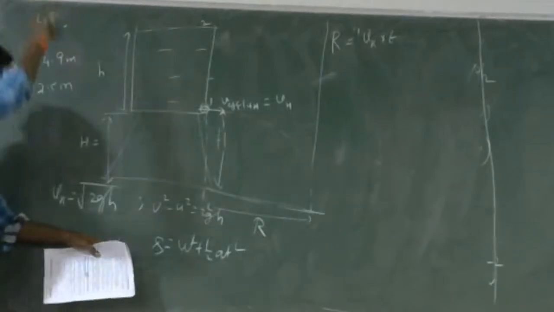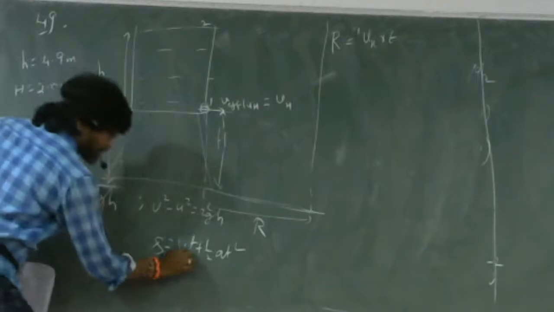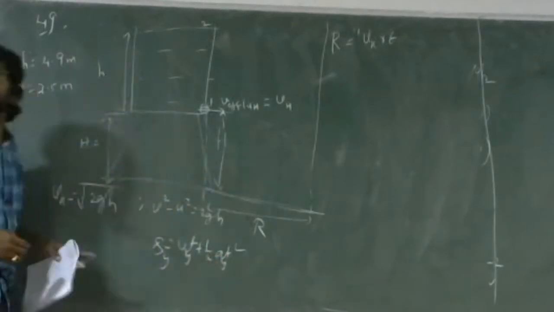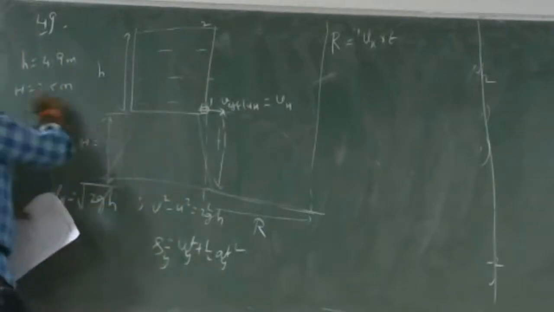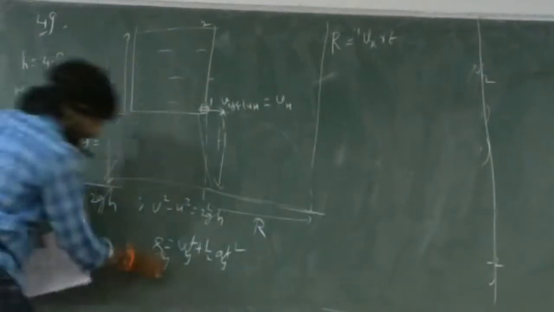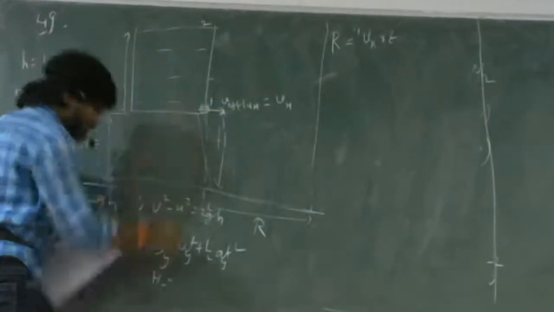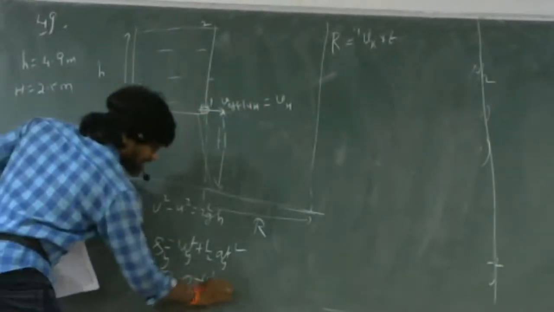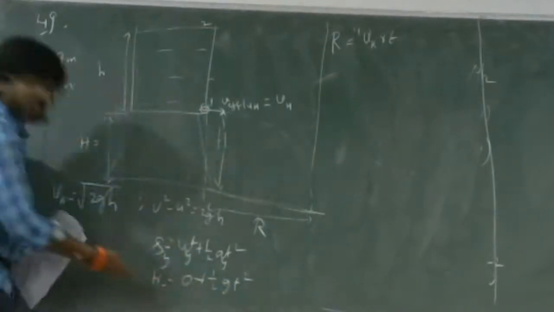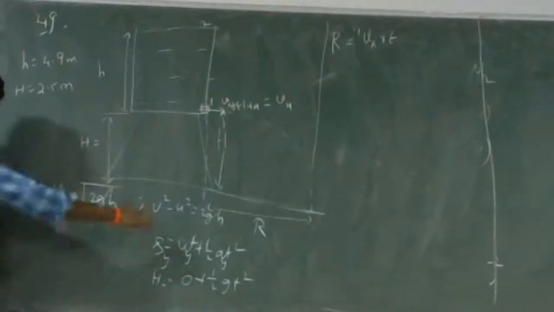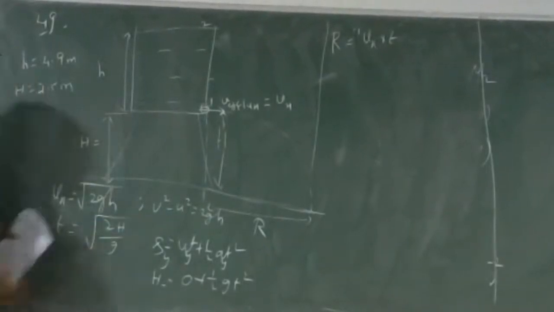So for the vertical distance, Sy is equal to Uy t plus half g t square, where Sy is nothing but capital H, which is 2.5. So H is equal to Uy, which is 0, since only Ux is there, plus half g t square. By using this you can write t square is equal to 2H by g, so t is equal to square root of 2H by g.